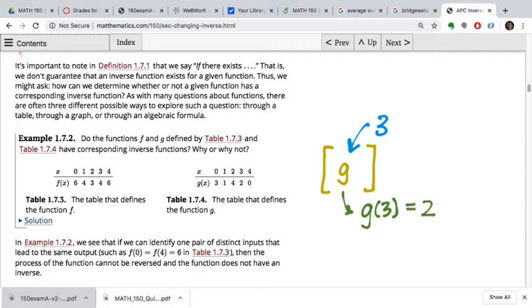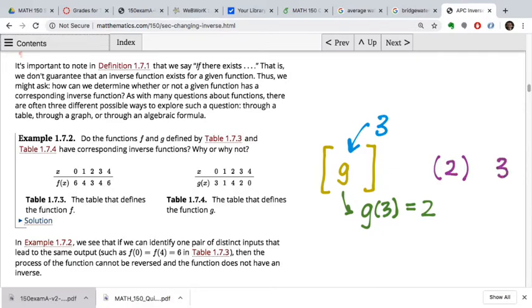So let's suppose I take that same data point, this one right there, 3, 2. And if I wanted to make a statement about the inverse function of g, if it exists, what would I call the function which, when I give it the input of 2, produces the value 3?